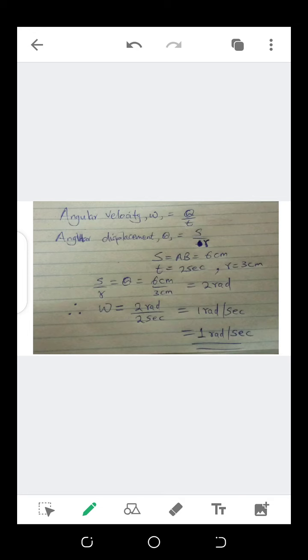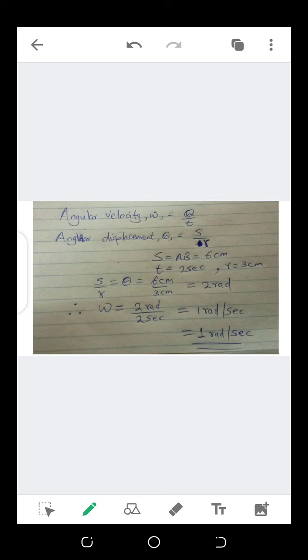The first thing we need is the formula of angular velocity, which is omega equals theta over t, where t is the change in time. In our case we are not given theta, we are only given t, which is 2 seconds.